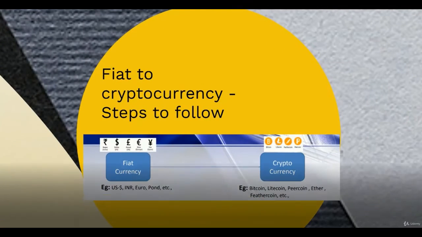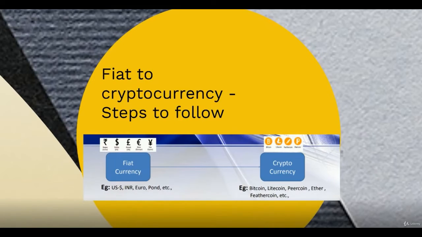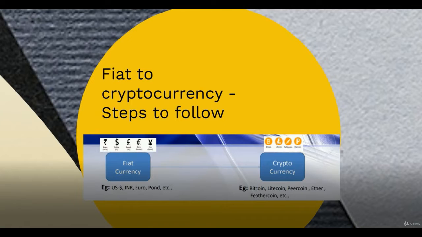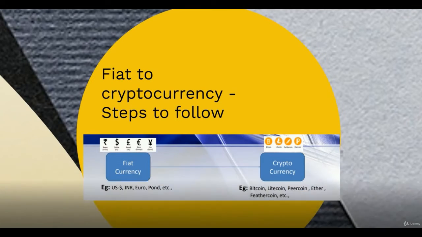Now we are going to see how to convert your fiat currency to cryptocurrency, because this is also one of the main applications many people are trying to develop. They want to create a private marketplace so people can use it for their transactions.